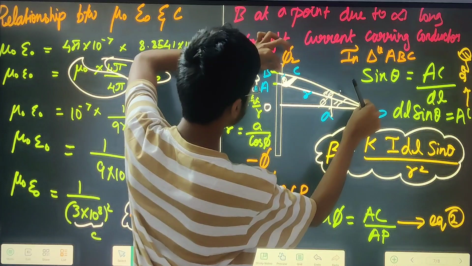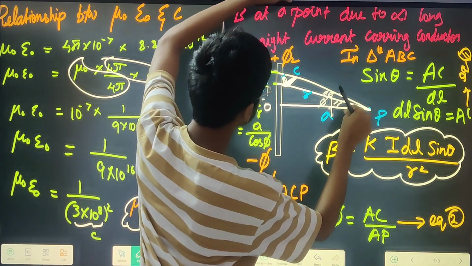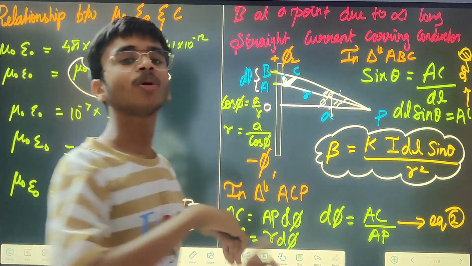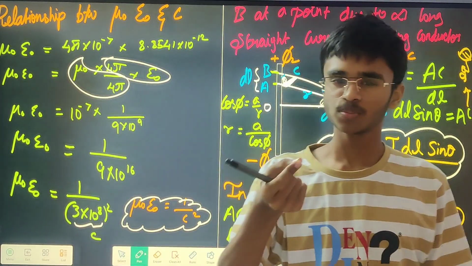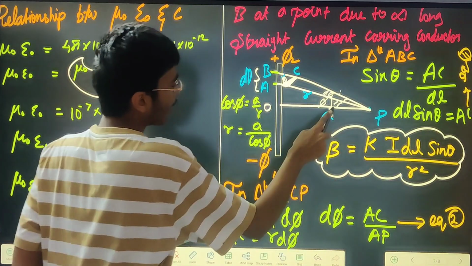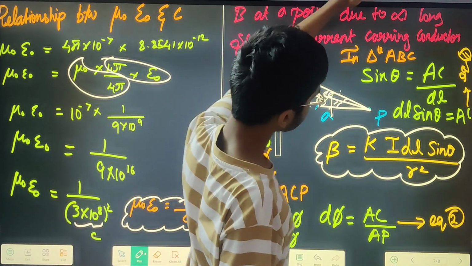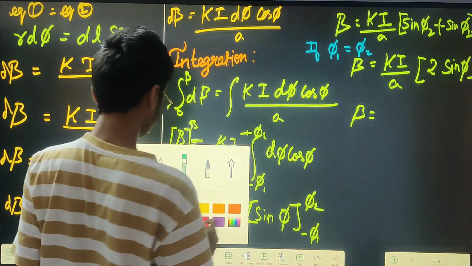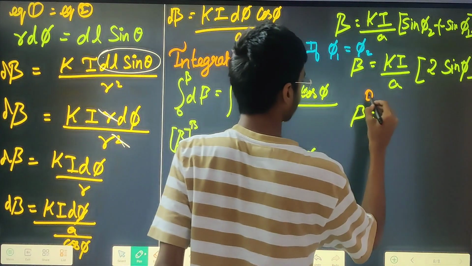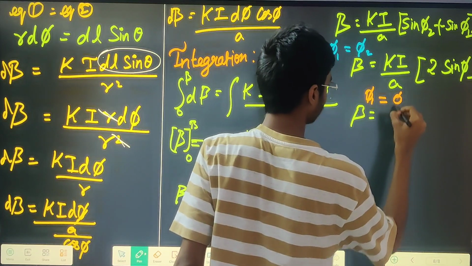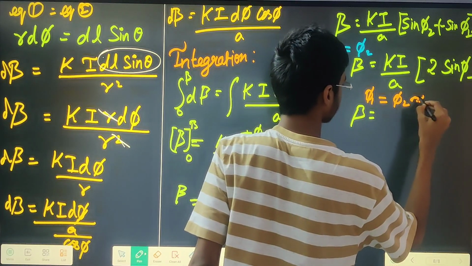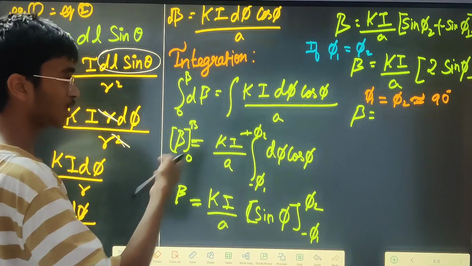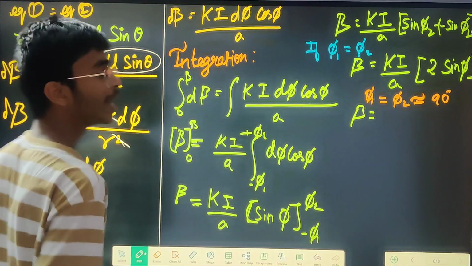It's going on, and it's not going to be exactly 90 degrees, but it tends to be 90 degrees, because this value will keep increasing. So phi 1 is equal to phi 2, which is approximately equal to 90 degrees.